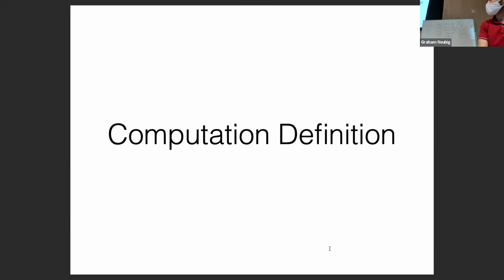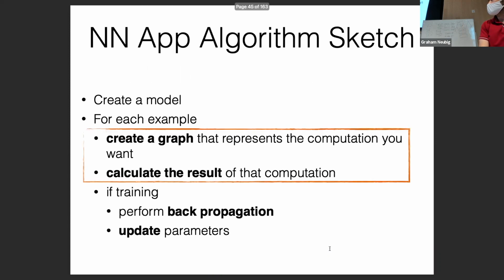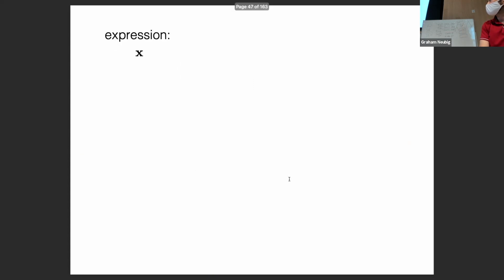Okay. So then if we go into the next step, this is definition of computation and calculating the results of that computation. We are going to be doing greedy or eager computation versus lazy computation. So we're going to step through the graph.